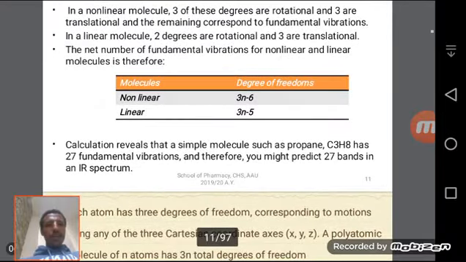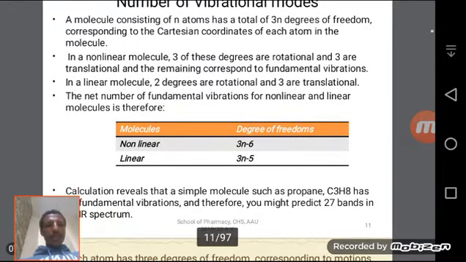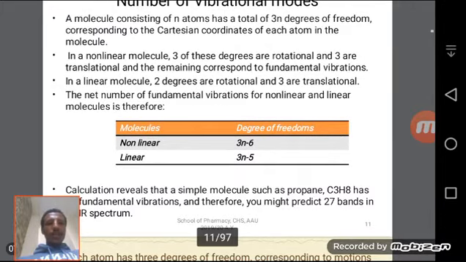The net number of fundamental vibrations for non-linear and linear molecules. For non-linear, the degree of freedom equals 3n minus 6, because there are 3 rotational, 3 translational, and the remaining are fundamental.